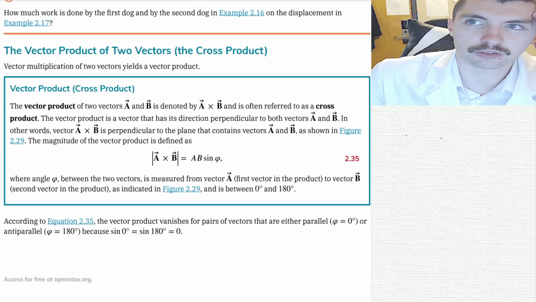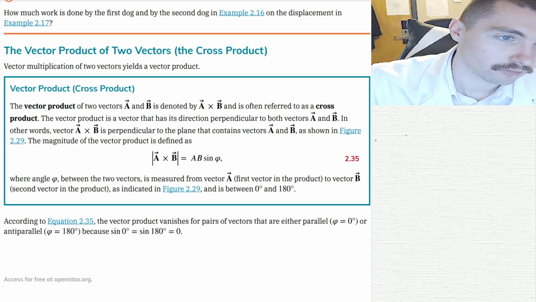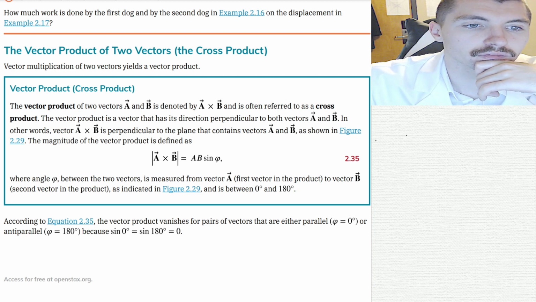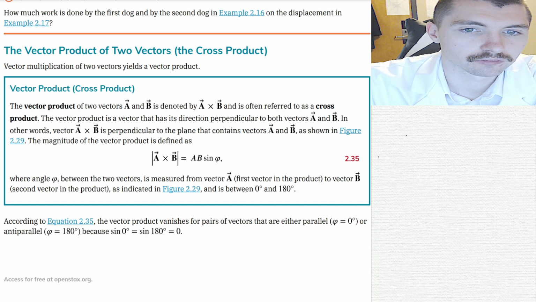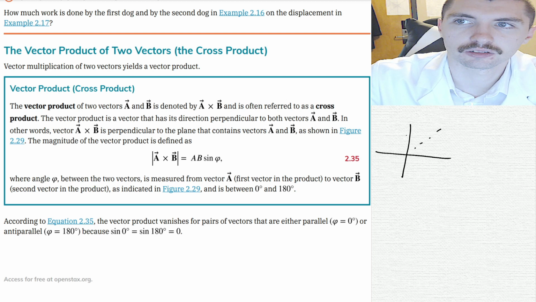Okay, cross product. Vector A cross B is perpendicular to the plane. So we have a plane cross product. It's supposed to be like that.